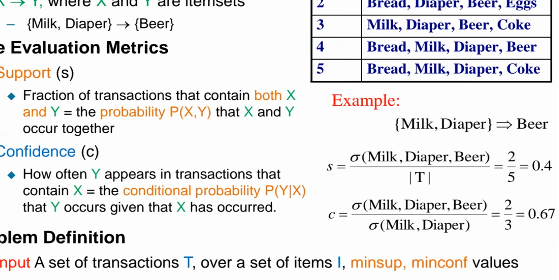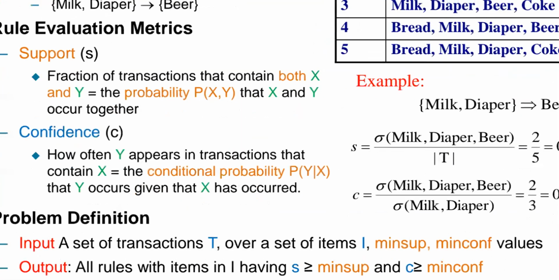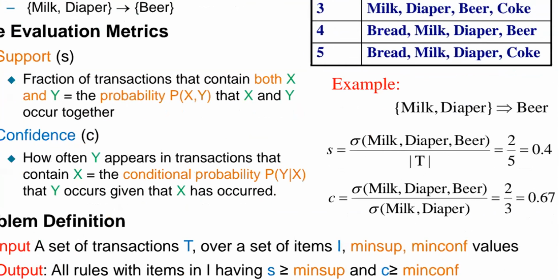And what is the confidence value? We find milk, diaper and beer occurring 2 times, and milk and diaper occurring together 3 times. Confidence is the conditional probability of Y given X, that is, Y occurs given that X has also occurred.